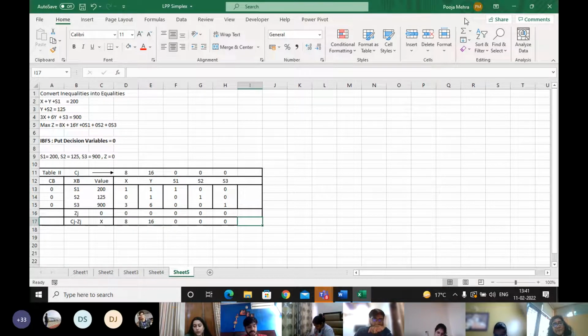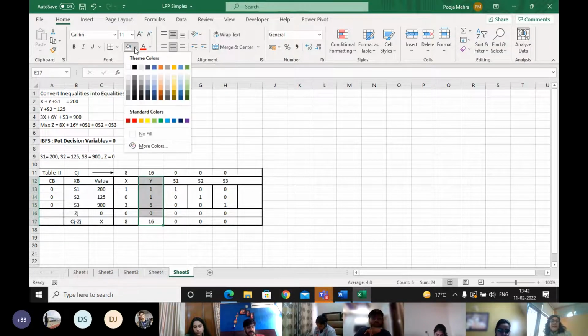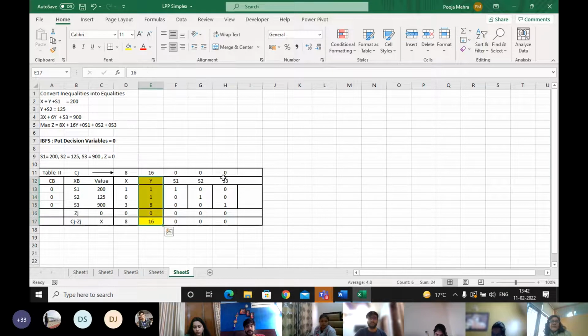Cj minus Zj should be less than or equal to 0, and if that is not satisfied, we select the most positive. Which one do I need to select? Ma'am, 16. And this column is known as the key column. Now find the ratio.